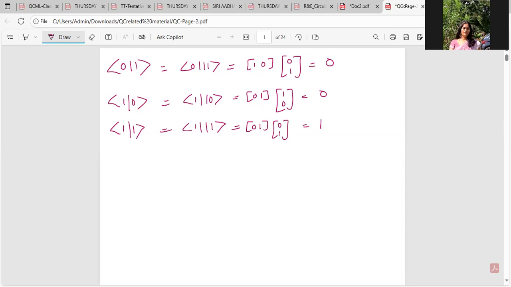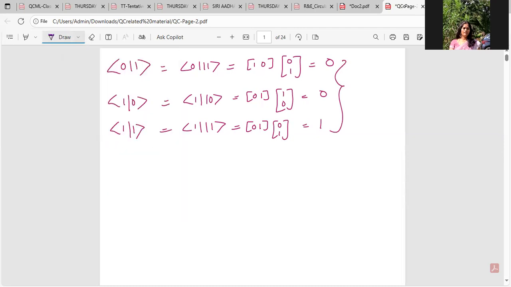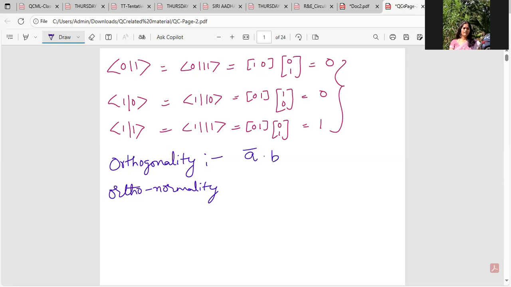Now, what this output symbolizes also has an interpretation, guys, when all of us are aware of orthogonality. In terms of vectors, if A bar dot B bar is equal to 0, then I will say both are orthogonal. Why?